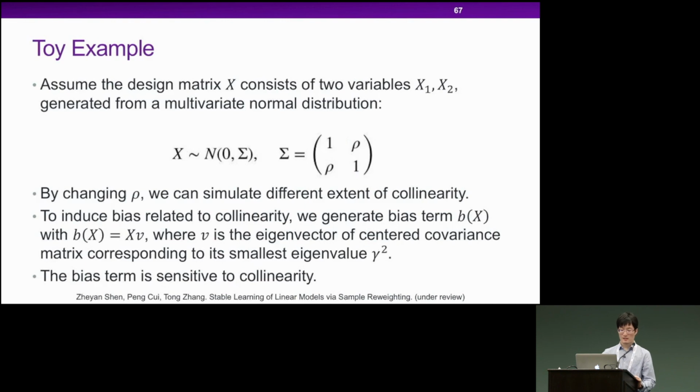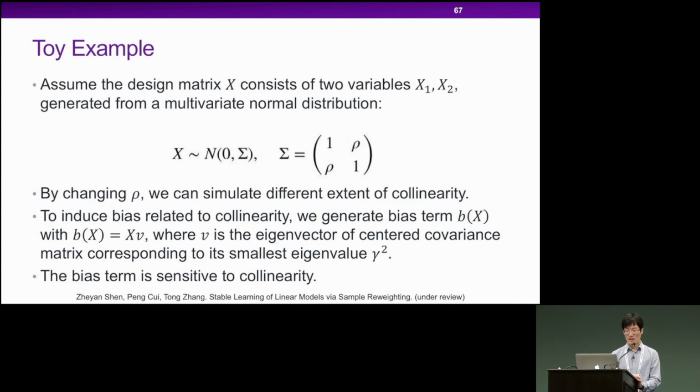To make the bias related to the collinearity, we generate the bias term b(x) in this form: b(x) equals x multiplied by nu, where nu is an eigenvector corresponding to the smallest eigenvalue.